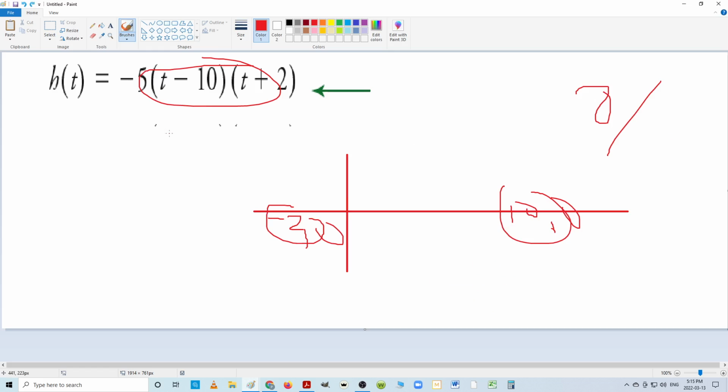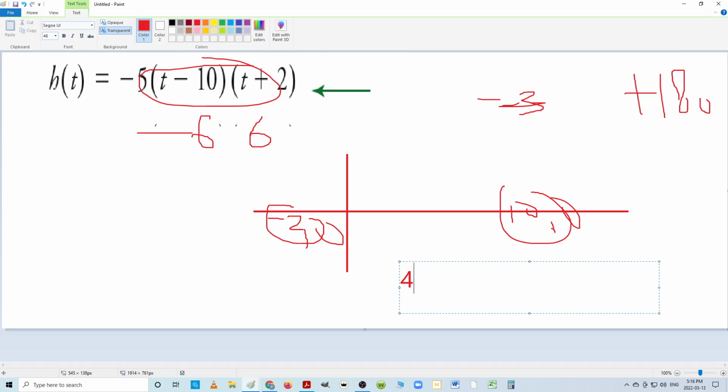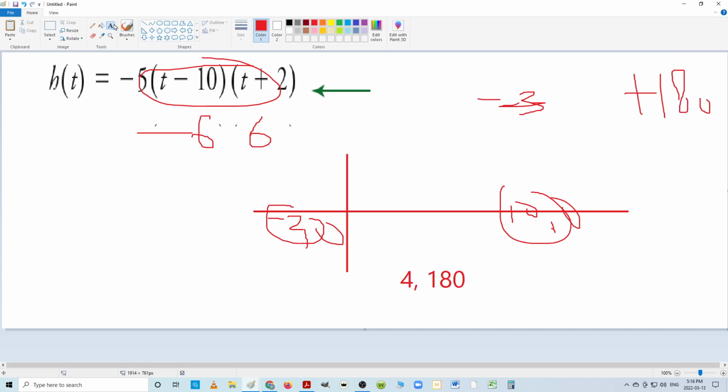So we get 4. And when I plug 4 into this equation, I get minus 6 times plus 6, which is minus 36, and then times minus 5, it becomes plus 180, which means the vertex of this will exist at 4, 180, and it will face downwards because of this minus 5.